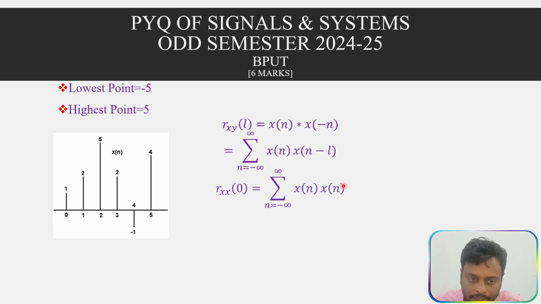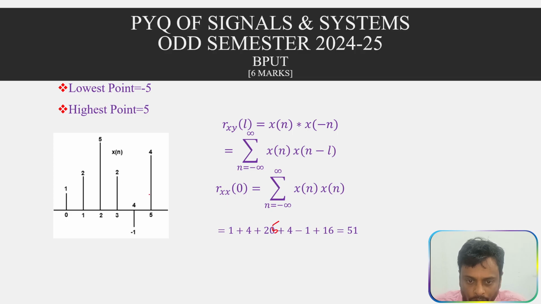Okay. So this is your x of n. Then it will be multiplied with the same x of n. So this amplitude 1, again it will be multiplied with 1. So 1 into 1, 2 into 2, 5 into 5, then 2 into 2, all will be added. You can see this is 1 into 1, 1, 2 into 2, 4. 5 into 5, that is 25.